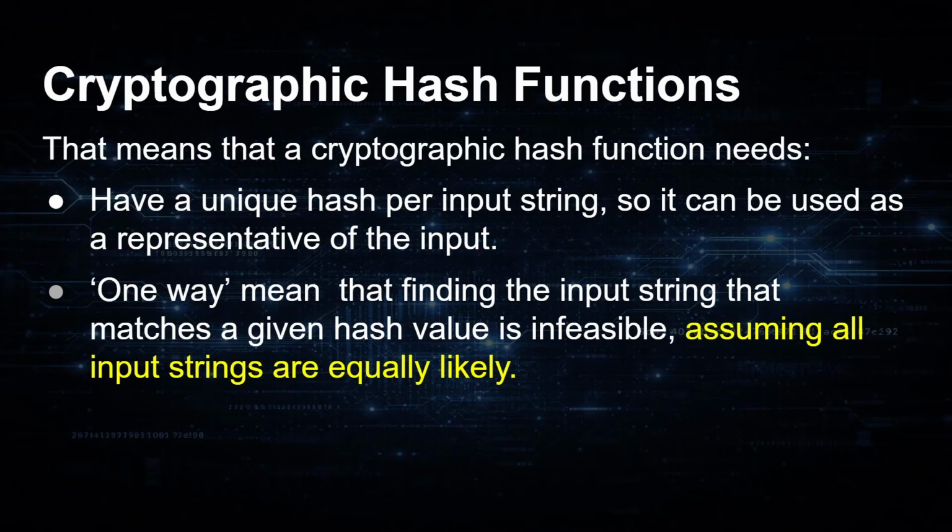And that's where you get this idea of rainbow tables, which is a way of pre-calculating hash values for all the common passwords, for example. And then you can look down a list of hashed passwords and say, oh look, I know what that is, that's password 1234, because this is a well-known hash. So it's one way only in the sense that the strings could be anything. If you're sending an email or a document, then yes. But if it's passwords, if it's small data, then they tend to be easy to find.